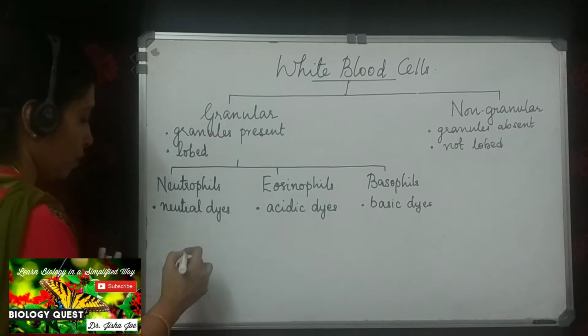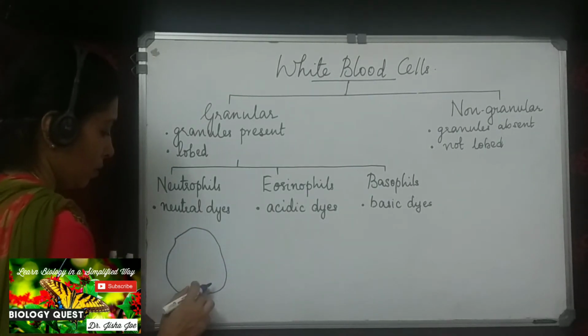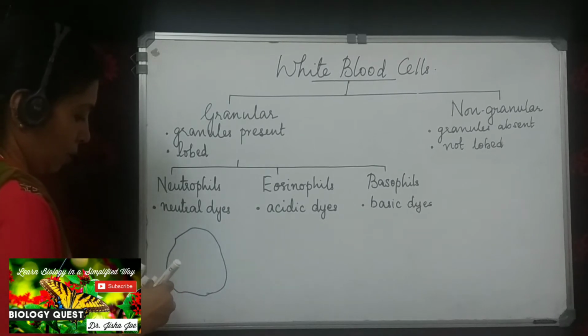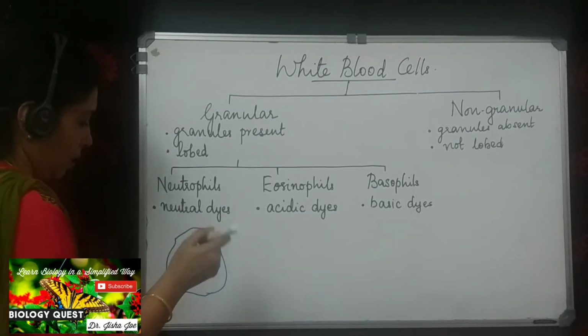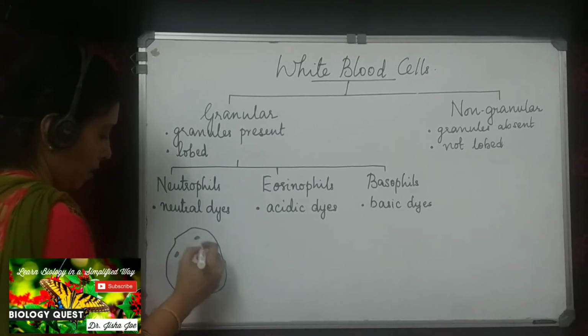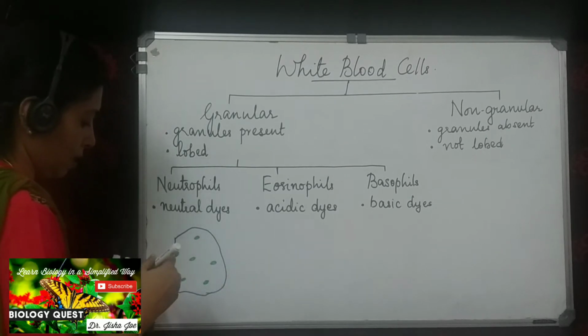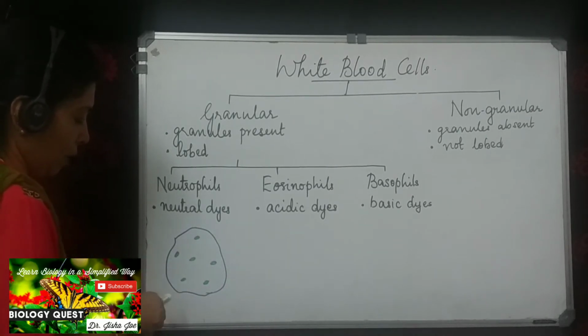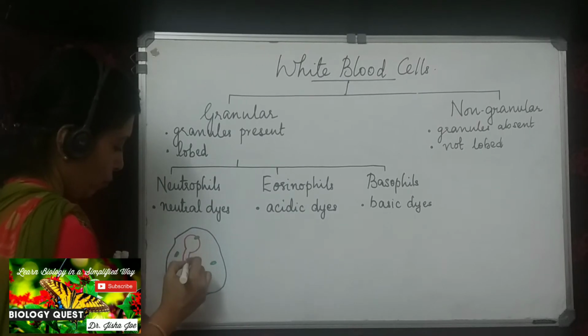Now coming to the neutrophils, I am just drawing the three. You can see the neutrophil, which is amoeboid in shape. Since it is a granular WBC, these are the granules present. If you look at the nucleus, it is 3 to 4 lobed.